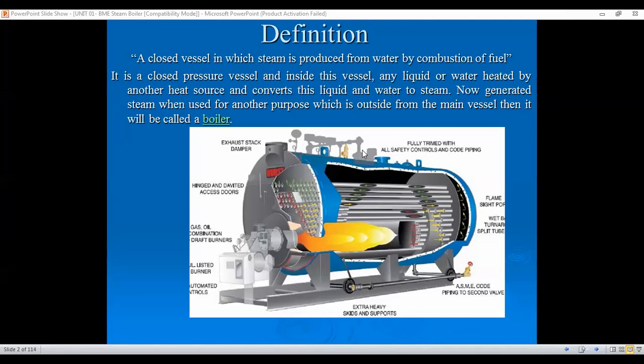Okay, as in this picture, you see the water tube boiler here. Because this is the tube and inside the tube water is there, and outside fire is there. So water tube means the water is inside the tube, and fire tube means the fire is inside the tube.